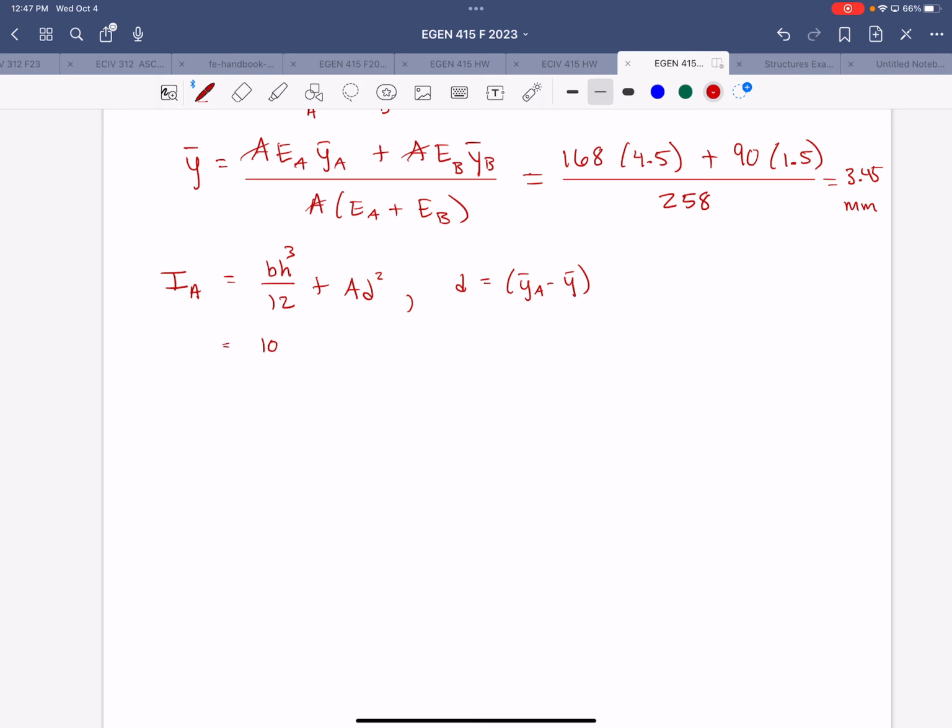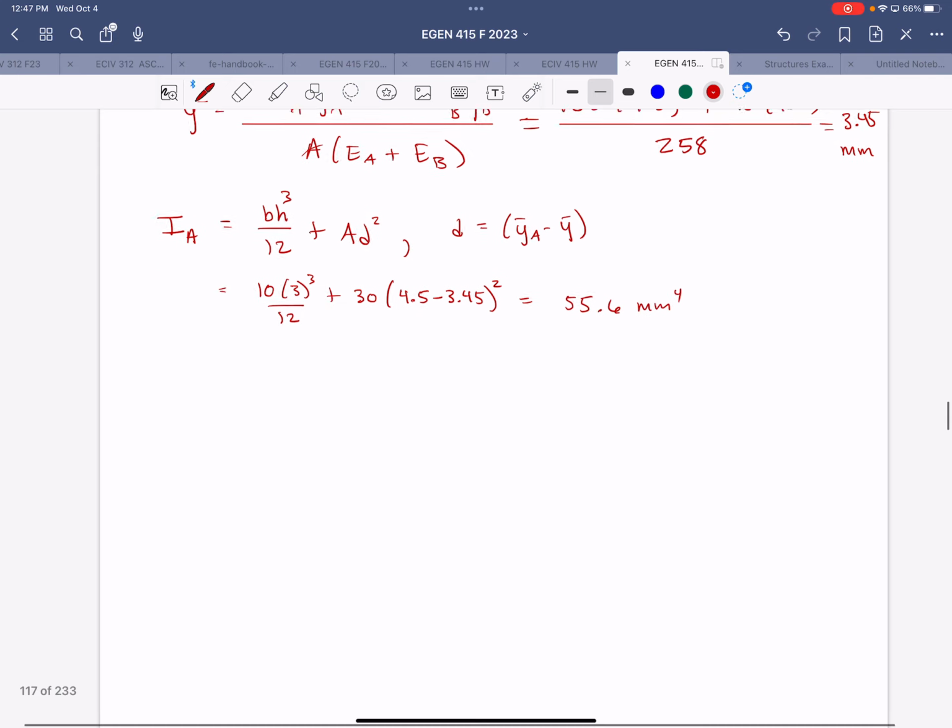So that'll be 10 for the width times 3 cubed over 12 plus 30 times 4.5 minus 3.45 quantity squared, which gives us 55.6 millimeters to the fourth.